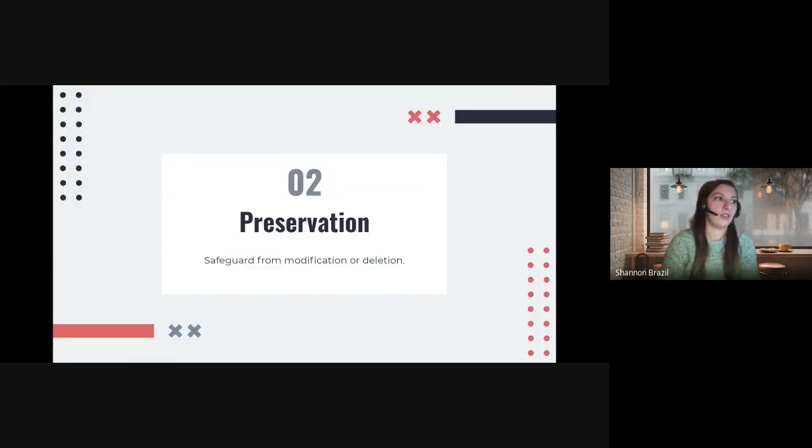Preservation, so safeguard from modification or deletion. Once evidence has been identified, it's important to safeguard it from modification or deletion. For evidence such as log files, it may become necessary to enable controls that protect log files from removal or modifications. For host systems such as desktops or laptops, you should isolate those systems from the rest of the network through either physical or logical controls, network access controls, or perimeter controls.